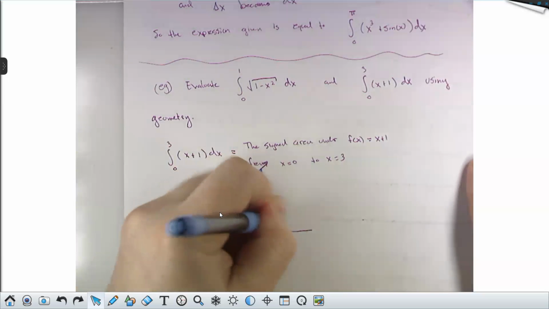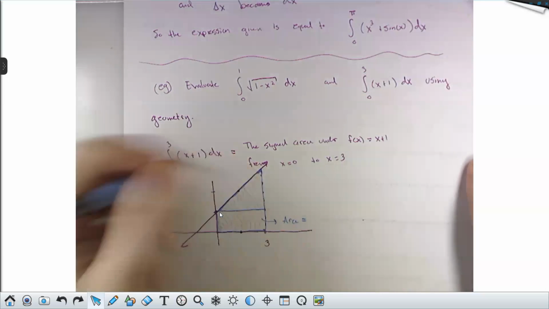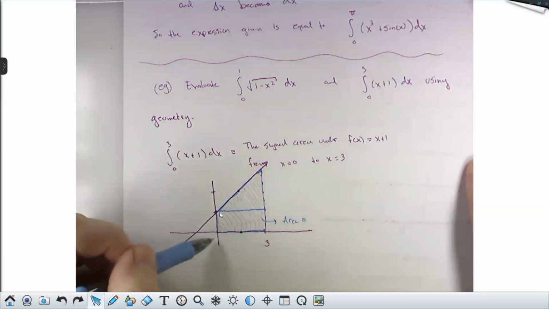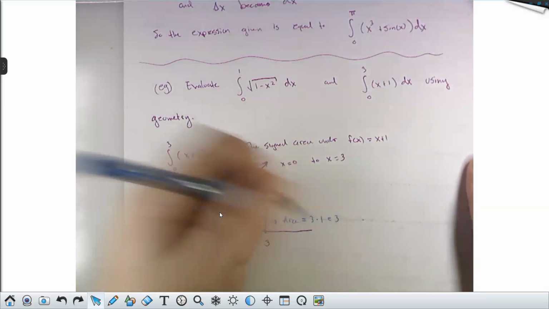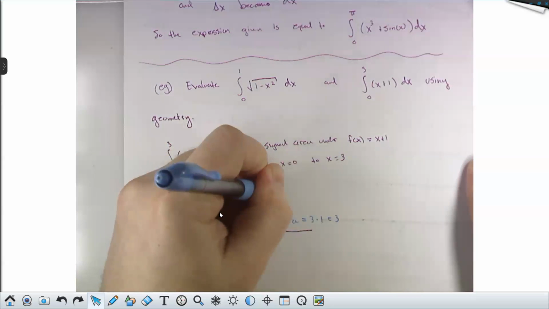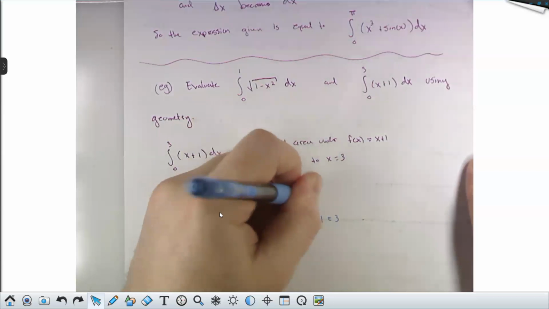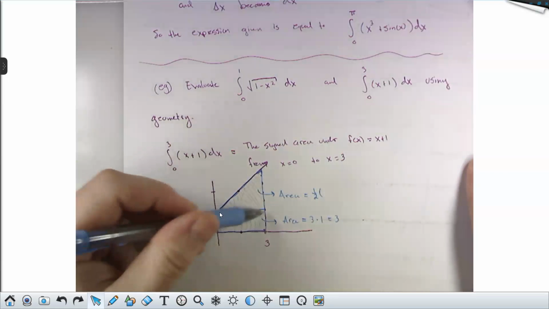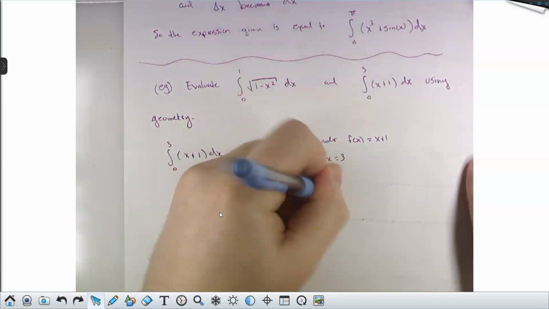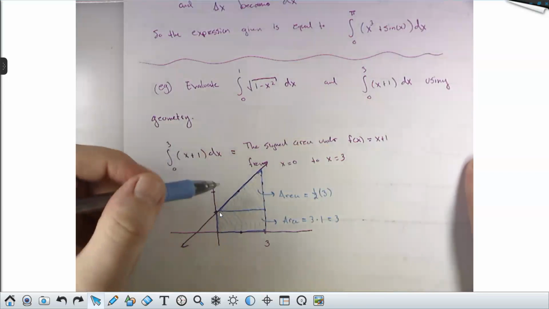So the rectangle region has area equal to 3 times 1, which is 3. And this region, it's a triangle, so its area is 1/2 times its base, which is 3, times its height. Now, what is the height of this triangle?